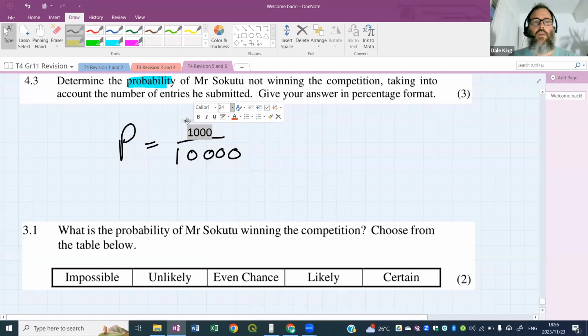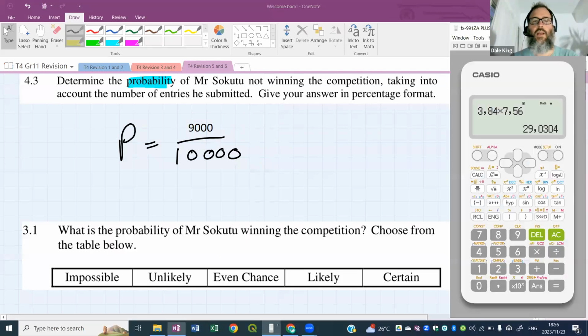So what will you need to not win? It's everything else. There's 10,000 possible, 1,000 will get the win, so all the rest will be not winning. So it's 9,000 out of, sorry, not 9,000 out of 1,000, 9,000 out of 10,000.